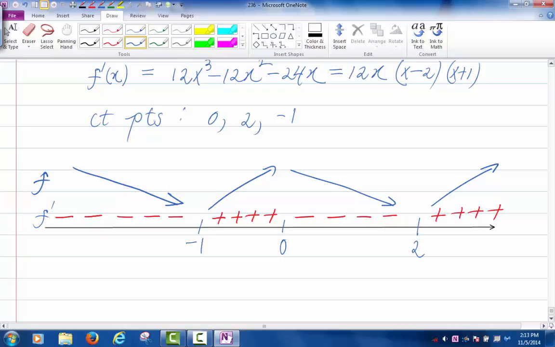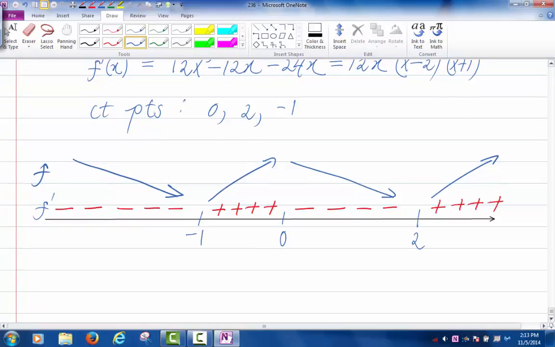From this picture, is it clear that at -1 I have a local what? Look, on the left side of -1, the graph is decreasing, right? On the right side of -1, the graph is increasing, right? So at -1, I have a local min. So I have a local min at -1. Local min is equal to f of -1.